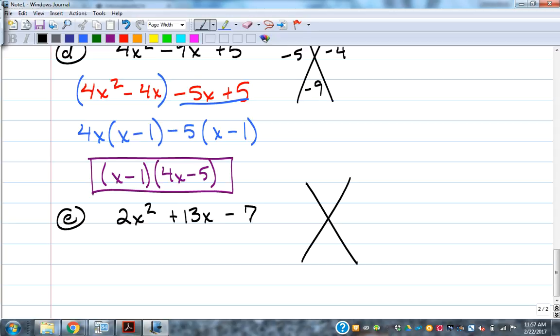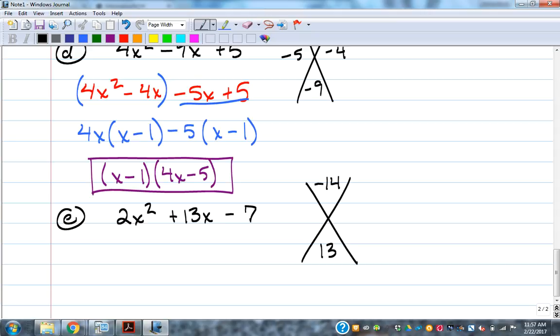So what's on the top of this x? -14. What's on the bottom? Positive 13. We need something that multiplies to be a negative number and adds to be a positive. If it multiplies to be a negative, what do you know about the two numbers? One's positive, one's negative. Okay?